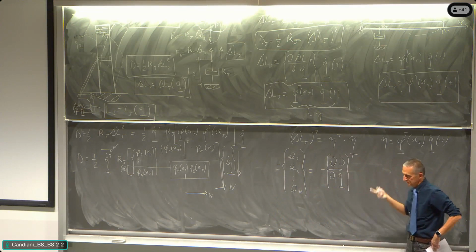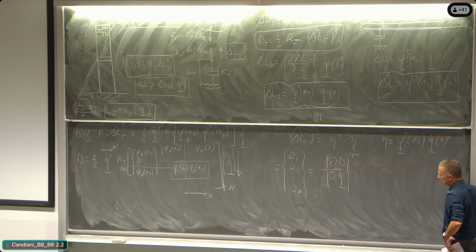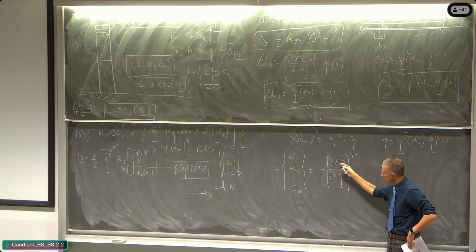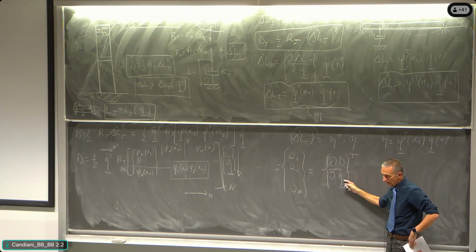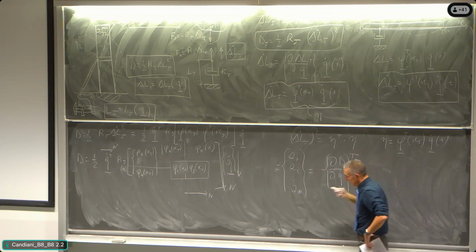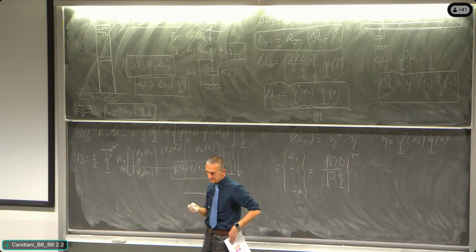What does it mean, transposed? It means that the derivative with respect to the vector is a row, and instead we write it in columns. And so in the first row we will have the derivative with respect to q1, the derivative with respect to q2, and so on, all right?